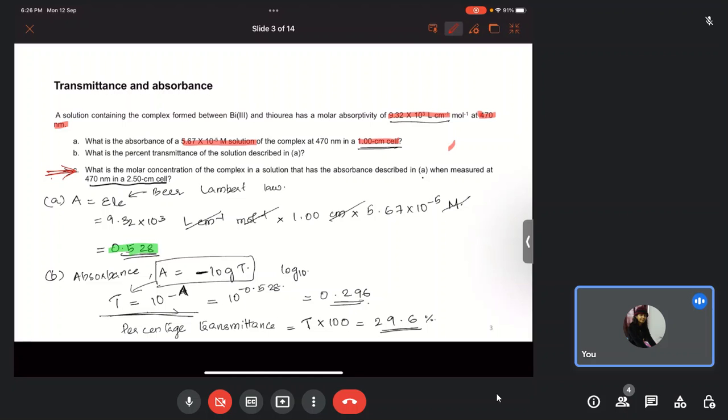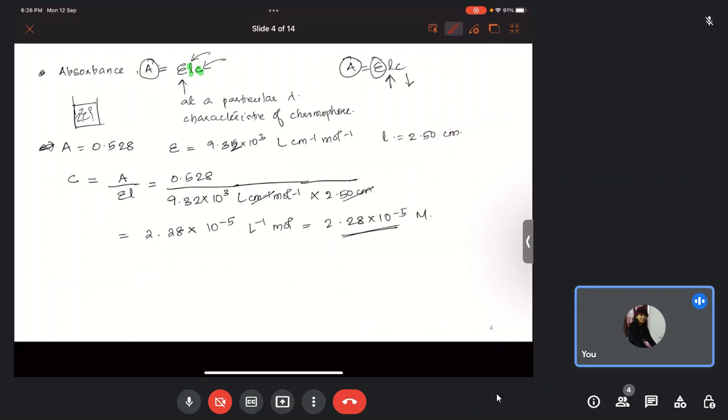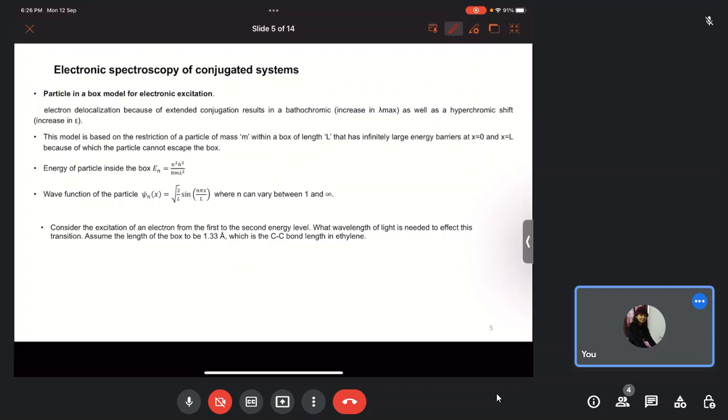So in general, we use this Beer-Lambert law to measure the concentration of a solution, and we in general know what is its molar absorptivity. Before that, I'll come to it in a bit.